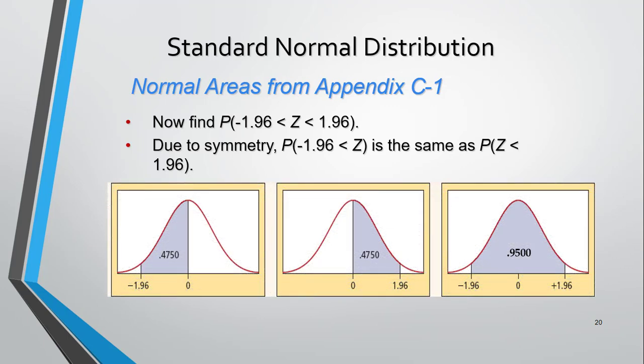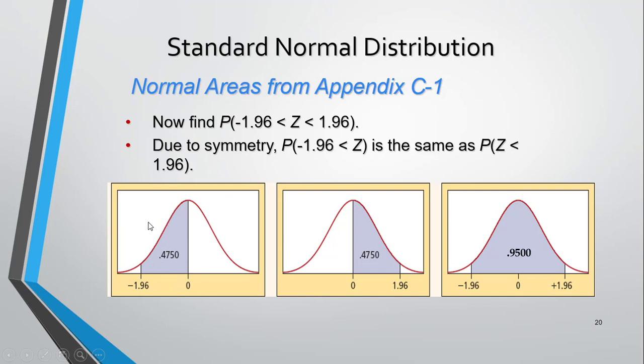Now, what will be the area between minus 1.96 and plus 1.96? We just looked at between 0 and 1.96, right? And remember, it's symmetrical. So due to symmetry, P(Z larger than minus 1.96) should be the same as P(Z less than 1.96).